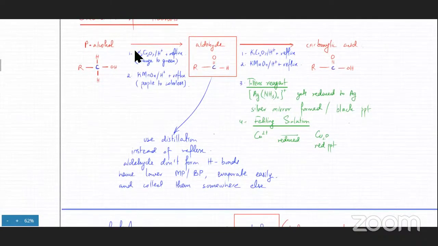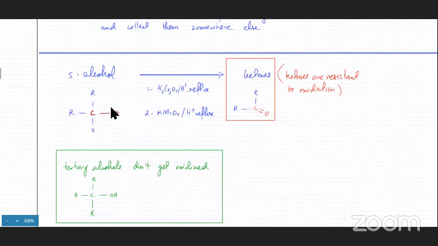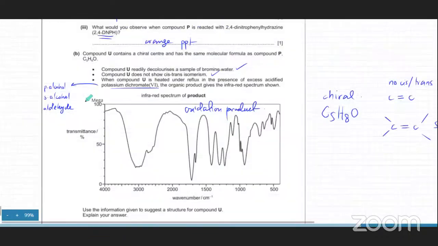Primary alcohols with K2Cr2O7 turn into an aldehyde, and they can be oxidized further with K2Cr2O7 to carboxylic acids. Secondary alcohols can be oxidized to ketones with K2Cr2O7. So your compound C5H8O is one of these things, and the oxidation product is given.